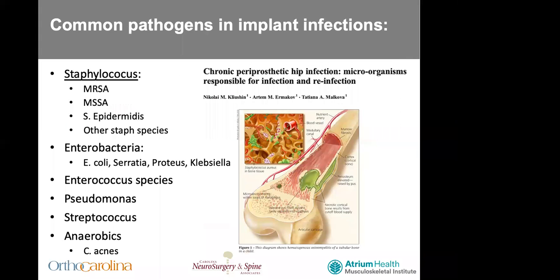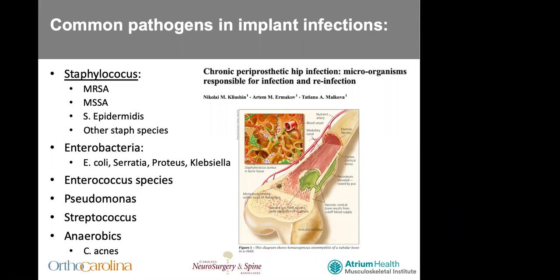So some common pathogens in implant infections, first and foremost, are the Staphylococcus species: MRSA, MSSA, Staph epidermidis, and other staph species like CoNS. These also tend to be part of normal skin microflora, but if they get in and create a quorum, so to speak, then they can have a real bad outcome.